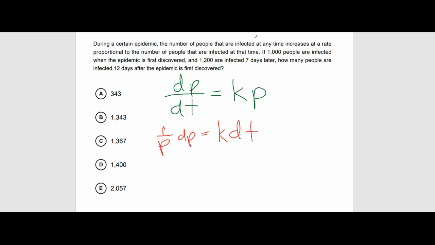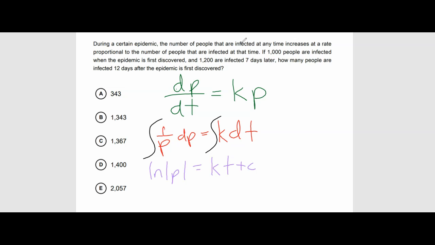K is not a variable you are integrating with respect to. You are still integrating the right side with respect to T, so K acts as a constant. On the left-hand side, we get the natural log of the absolute value of P equals K times T plus C. Again, you could think of K as being like 5. If you integrate 5 with respect to T, you just get 5T.